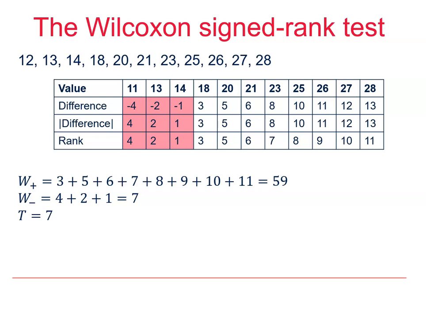If the median has increased, we'd expect W plus to be higher and W minus to be lower. If there is enough difference, we'll want to reject H0. So we're looking for a small value of T. If it's not small enough, we won't reject H0.